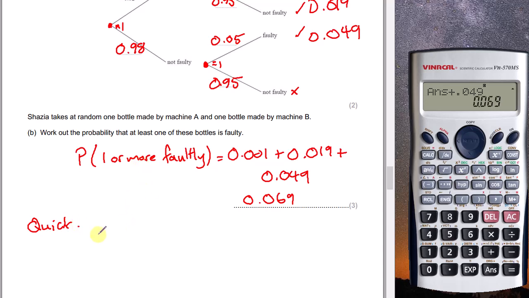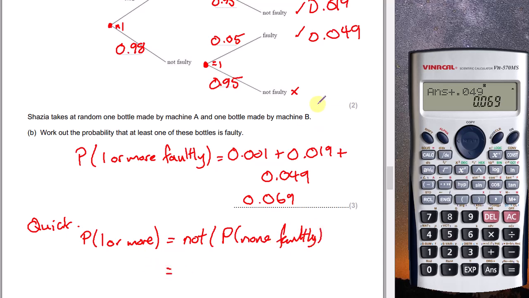The quick way is to do the opposite. One or more faulty. The opposite of this is none are faulty. So the probability of one or more faulty is equal to not of the probability none faulty. That's the opposite situation. Not statements are 1 minus the probability of none faulty. That none faulty is this probability here, the 0.98 times 0.95.